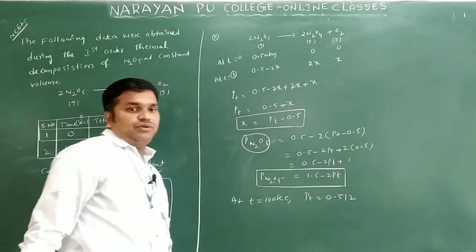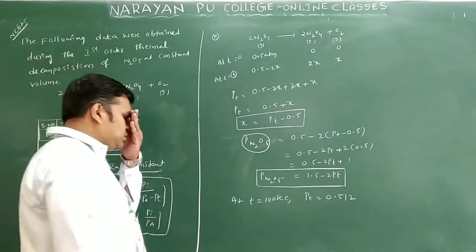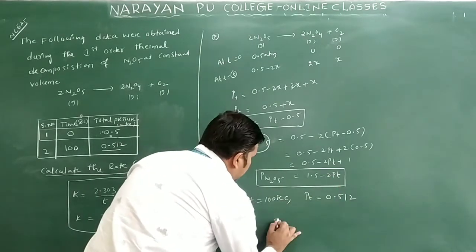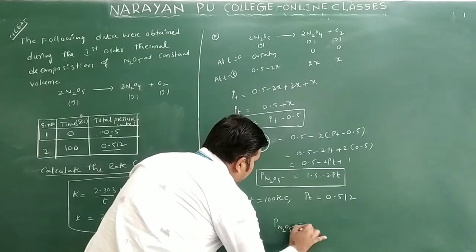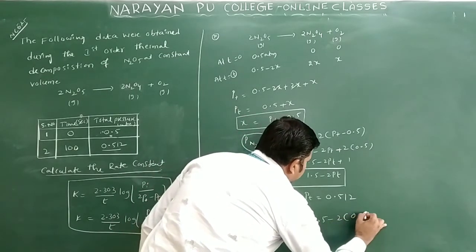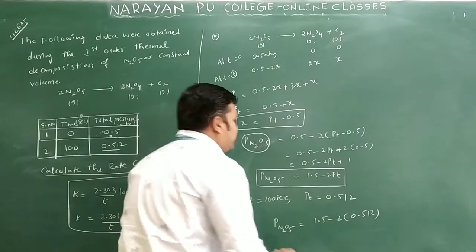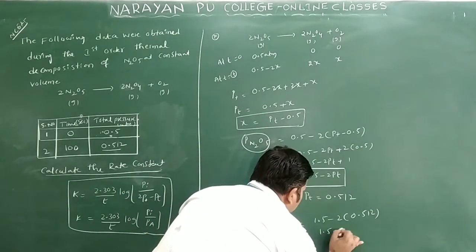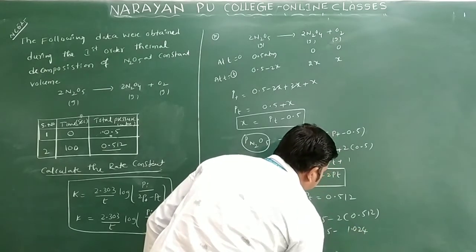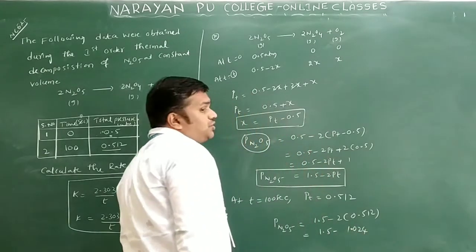So P total is equal to the given 0.512. Here P total is given as 0.512, and I want to substitute here. So this is the partial pressure of N2O5: 1.5 minus 2 into 0.512. 2 into 0.512 gives 1.024.